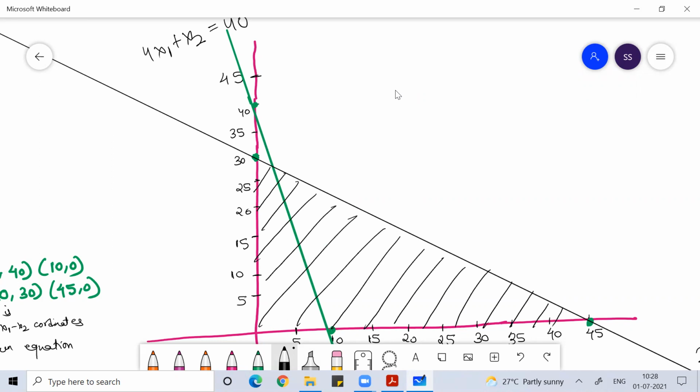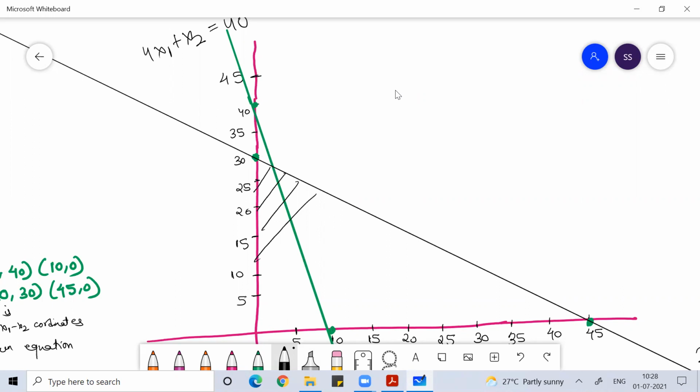So now we need to find the feasible region. The feasible region is the region corresponding to both regions. So the area which can correspond to both, this will be the area. Can you understand this?